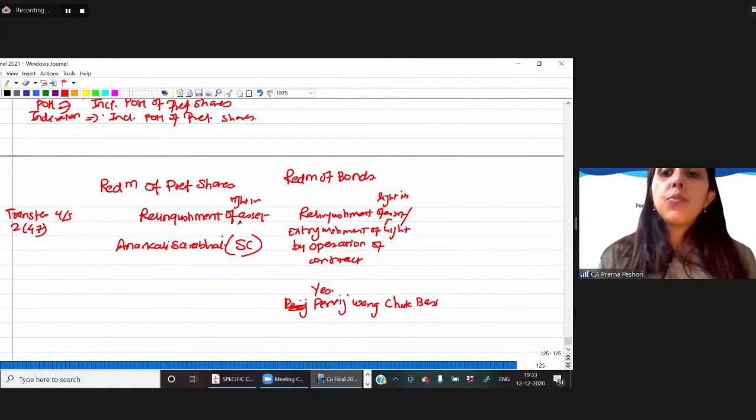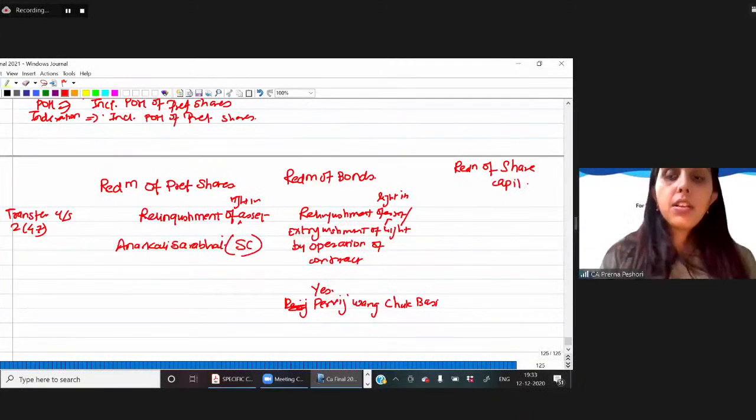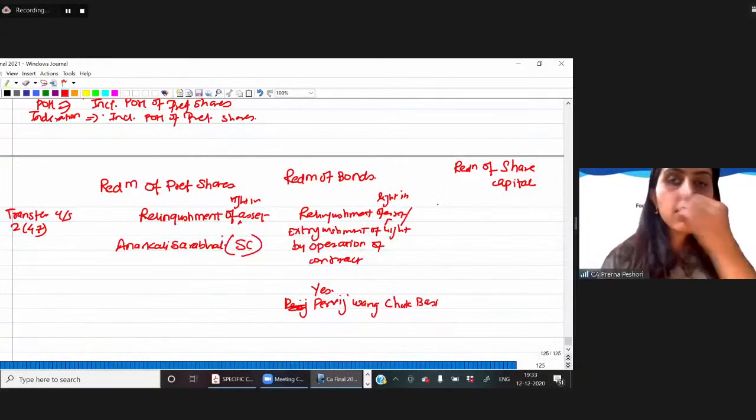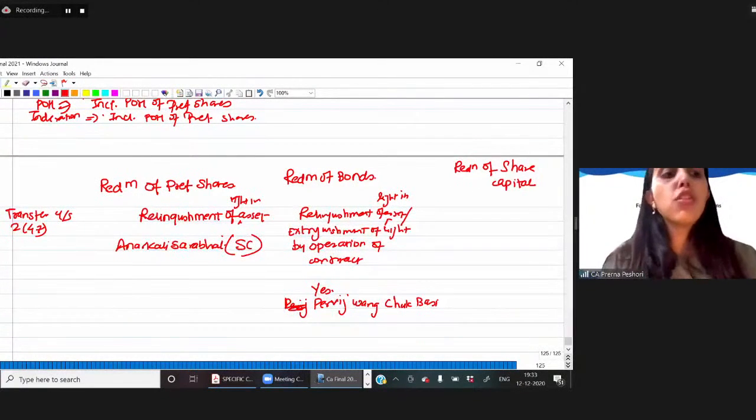Whether reduction of share capital will be considered as transfer? Whether reduction of share capital would be considered as transfer?